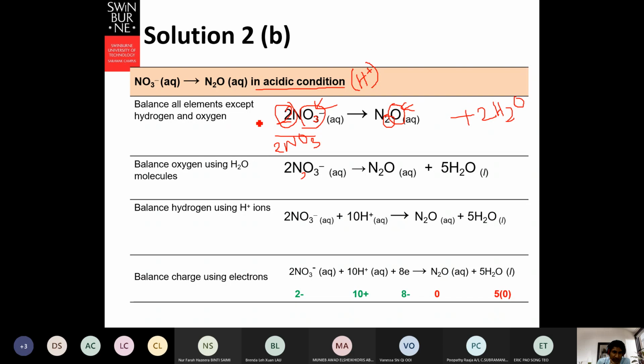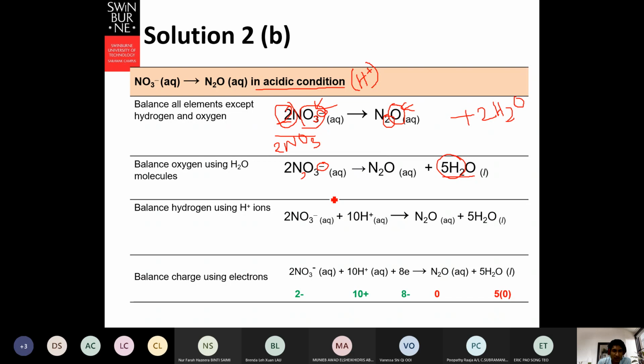Now this ion, I haven't balanced it. We have balanced the atoms: 2 nitrogen, and 5 plus 1 makes 6 oxygen. But the charge has not been balanced. To produce these 5 water, we have to have 10 hydrogen, and it is an aqueous medium, so 10 hydrogen shouldn't be any problem.